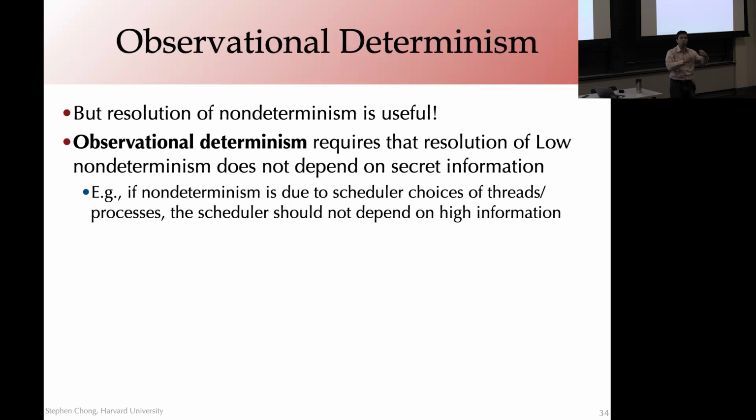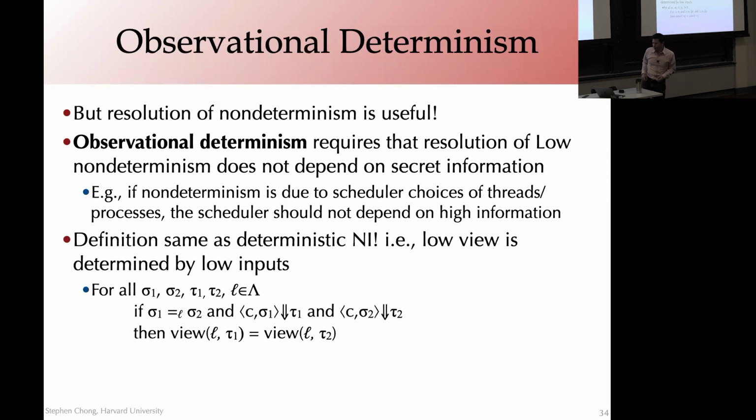The order that threads are scheduled is up to the scheduler implementation. So observational determinism would mean that the behavior of the scheduler, which threads it's choosing, has to be independent of secret information. So what this means is that you might have to make sure that the scheduler doesn't choose things based on how much computation they've had so far, because that might depend on secret information, or how much computation is estimated to remain. Something like a round-robin scheduler that always schedules threads in a fixed order might be okay.